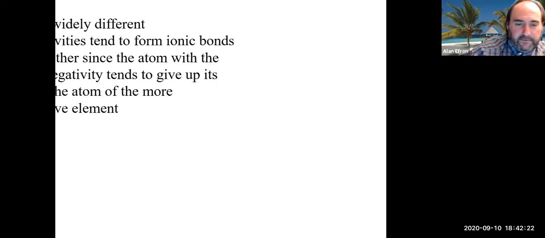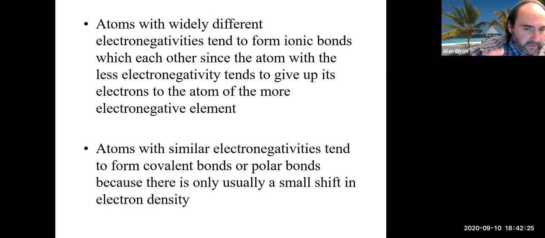Okay. As I talked about, when we get really wide variations in those electronegativity values, that's when we're going to get an ionic bond. That's because we have somebody on the left-hand side of the periodic table and somebody on the right-hand side, a very big difference in electronegativity values and ionization energies. You have atoms wanting to get rid of electrons and atoms wanting to accept electrons. When we get into that small area of the periodic table where all of our nonmetals live, they have very similar properties, and the best they can do is share.